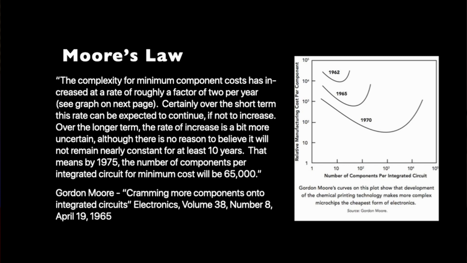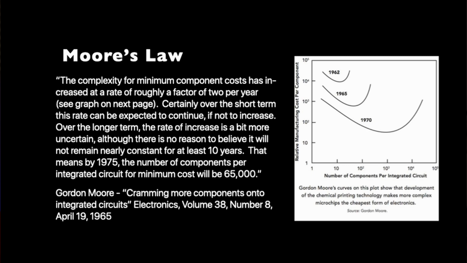They hadn't founded Intel yet. But he said, the complexity for minimum component cost has increased at a rate of roughly a factor of 2 per year. And then he said, see the graph, and that's the graph that he's referring to. And he says, certainly over the short term, this rate can be expected to continue, if not to increase.